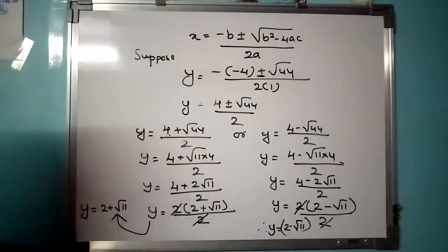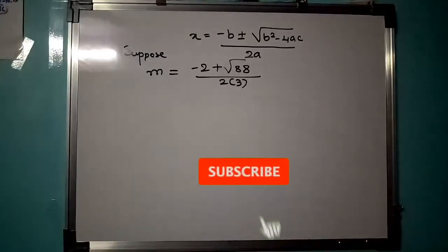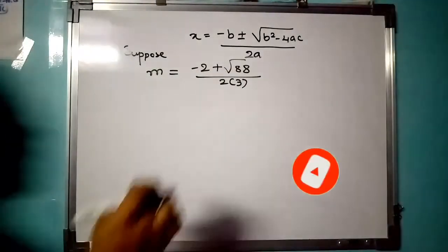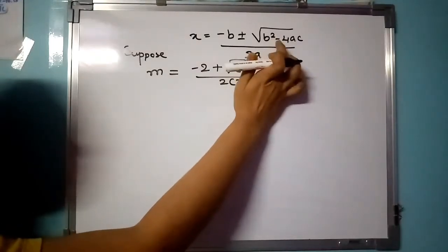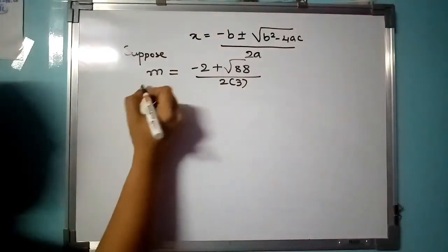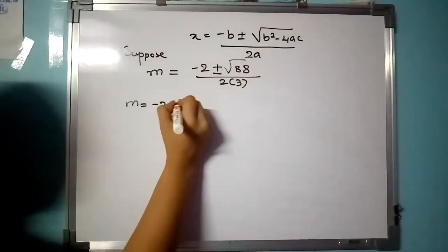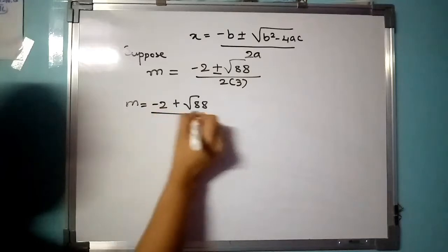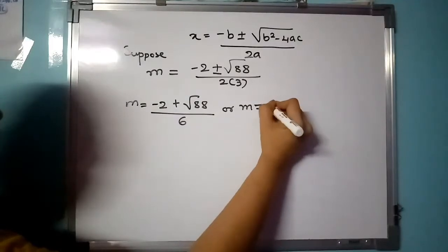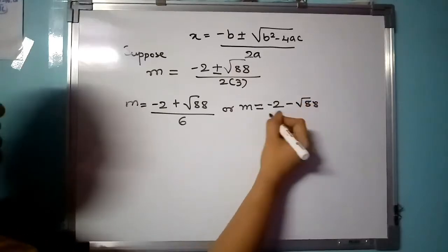Let's see one more example. Here in this example we are given just the values of a, b, c according to the question. The equation has m, so we have placed according to m is equal to minus 2 plus or minus under root 88 upon 6, or m is equal to minus 2 minus under root 88 upon 6.